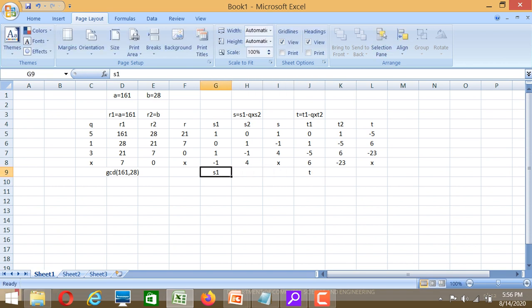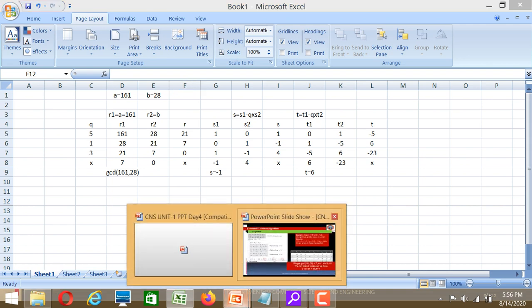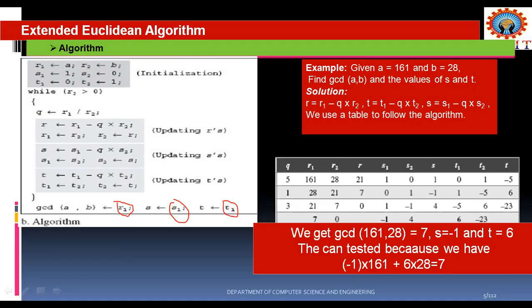So S equal to minus 1, T equal to 6. So this is the way of calculating GCD and the S value and T value.